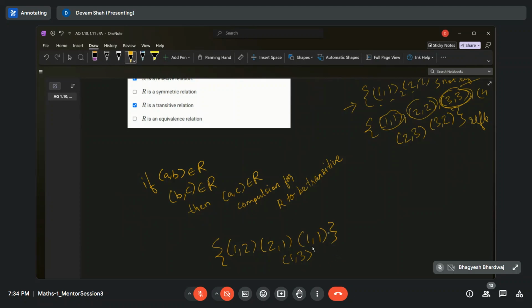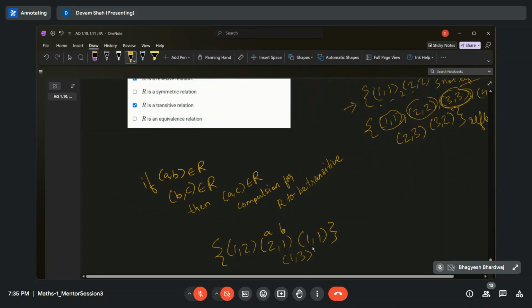In reflexive, if other items were present, then it was still valid. But in transitive, all elements will be checked. Look here, suppose this is A, B, and C. Now, if 1 and 3 are present, then there should also be 2, comma 3. Then only it can be transitive. So you can't say that other elements can be present or not.